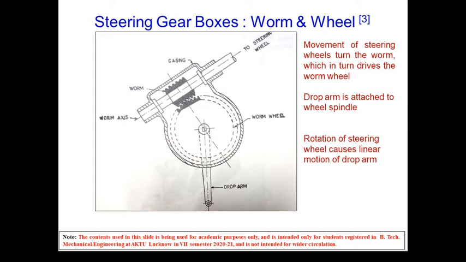This will be transmitted to the wheels. So the steering wheel turns the worm, which drives the worm wheel. The drop arm, or pitman arm, is attached to the spindle, so rotation of the steering wheel causes motion of the drop arm. This is a very common type of steering gearbox.